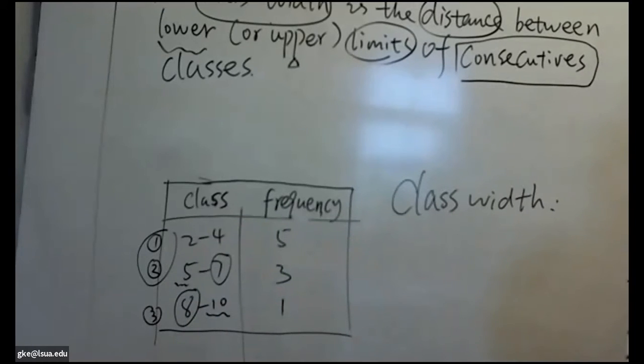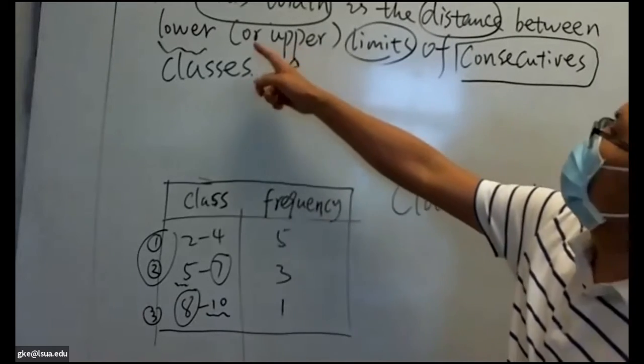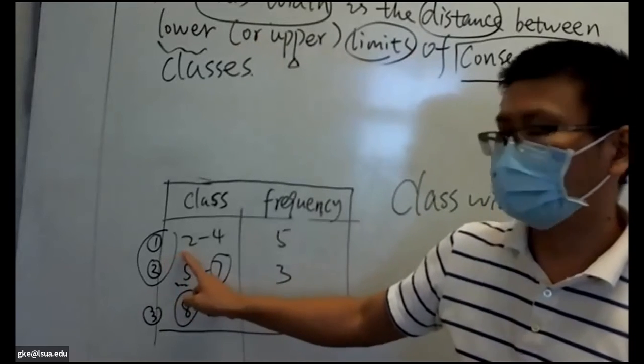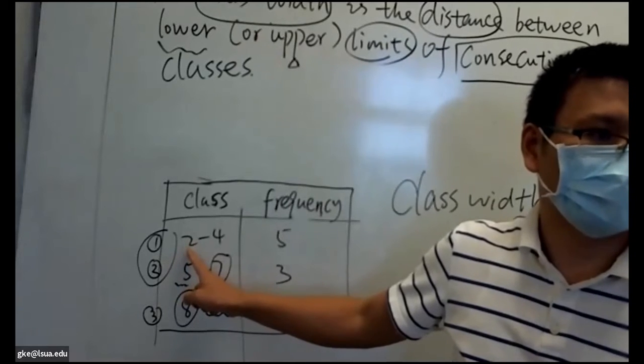Now let's focus on the lower limits. For class 1, the lower limit is 2, right?